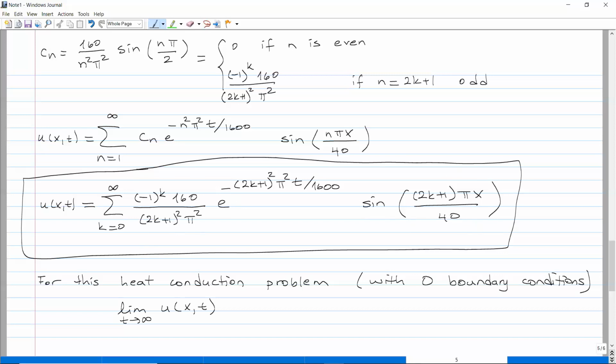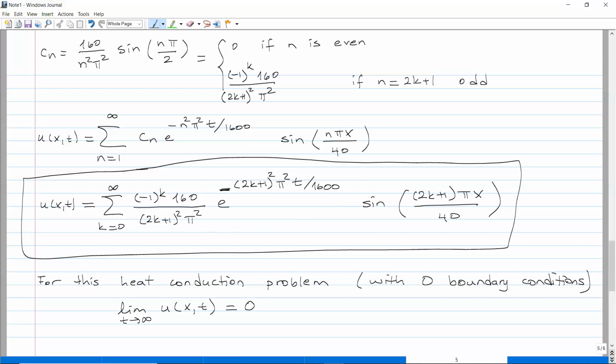But if you consider each term separately, for each n, this coefficient is constant, and the exponential part, as t goes to infinity, you see it's always negative, because we have L squared, alpha squared, pi squared, n squared. So all of them are positive with a negative sign in front. So as t goes to infinity, this exponential part will go to 0, and this function will always go to 0.